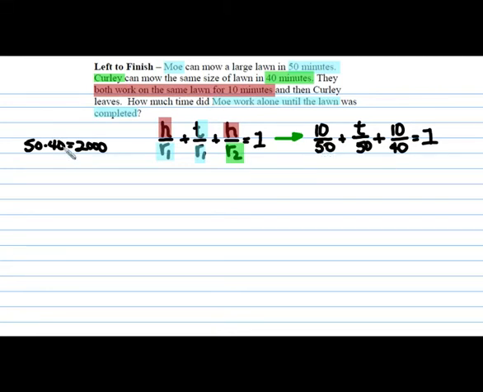Well, I just can't multiply that bottom by 40 and get 2,000 on the bottom without doing the same thing to the top. So I make the denominator 40 times bigger, but I can't just leave the numerator 10. I've got to make that also 40 times bigger. So what we'll do, we'll go 40 times 10 to the top, 40 times 50 to the bottom, and we're going to do this all the way through.